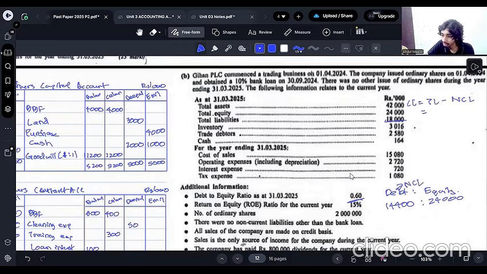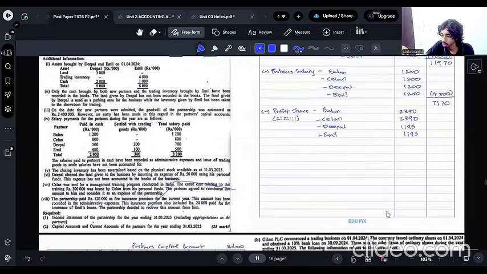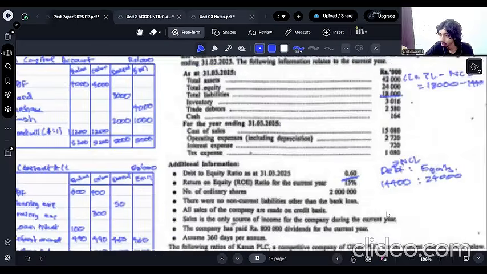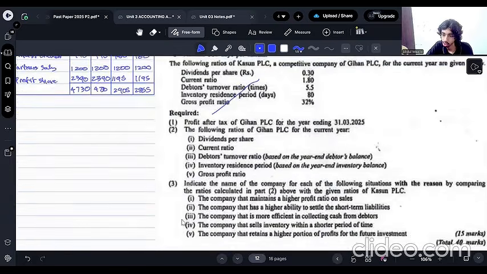Total liability is 18 million minus non-current liability 14,400,000. Then your current liability will be 18 million minus 14,400,000, that is 3,600,000.